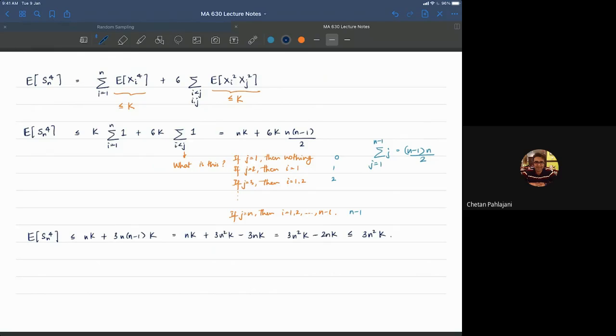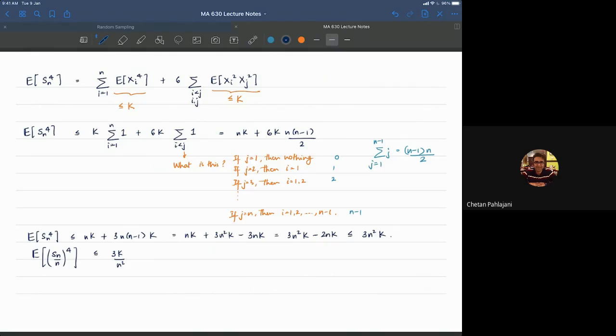Okay, so now what I'll do is I'll take expectation of Sn over n to the power 4. Right, so this is going to be less than or equal to 3k over n squared. Do you guys agree with this? Yes?